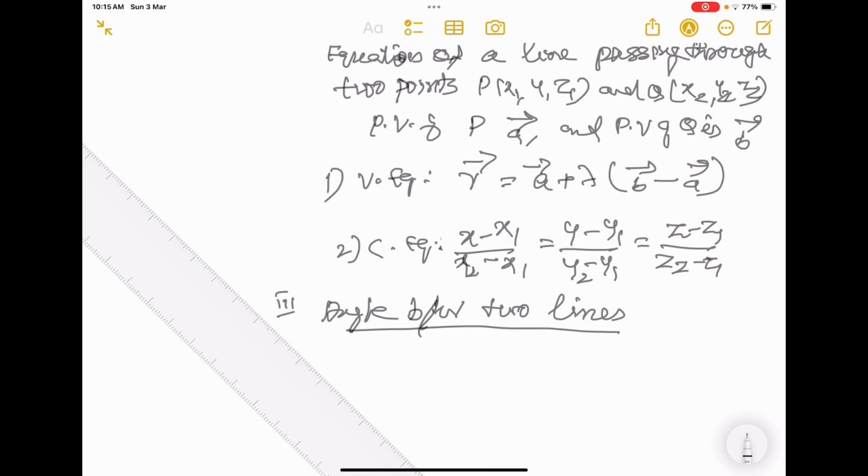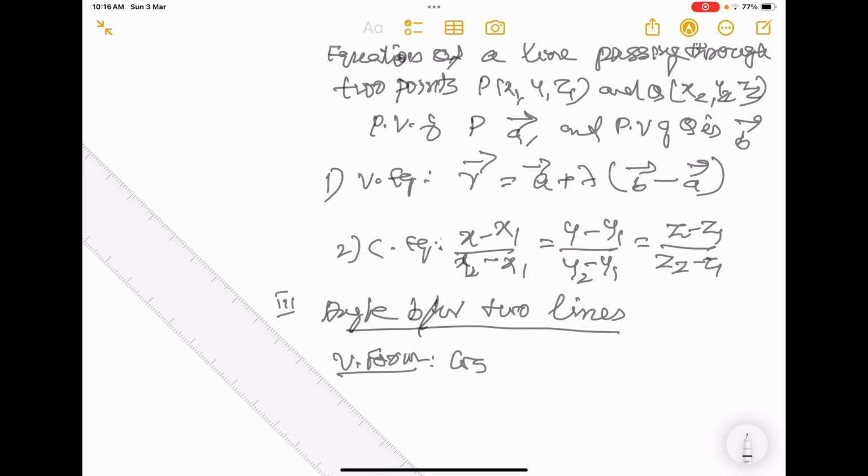If we are writing vector form, then we use vector equations. And when we want to find the value in Cartesian form, we need Cartesian equations. So we know the vector equations and the Cartesian equations of two lines.